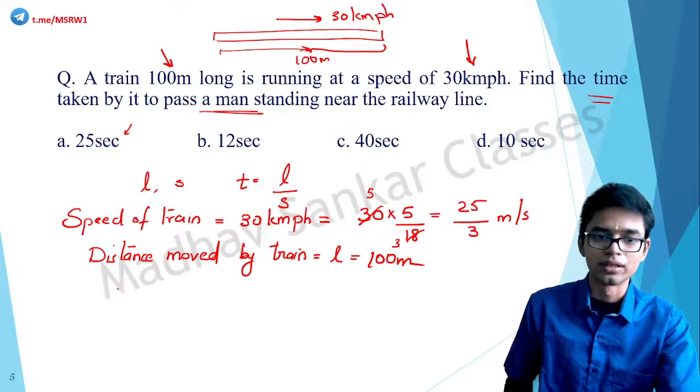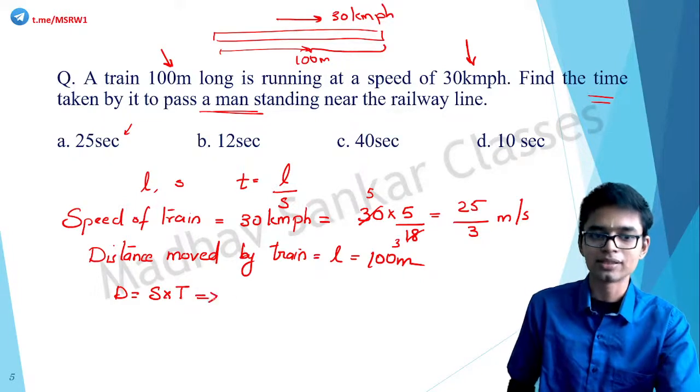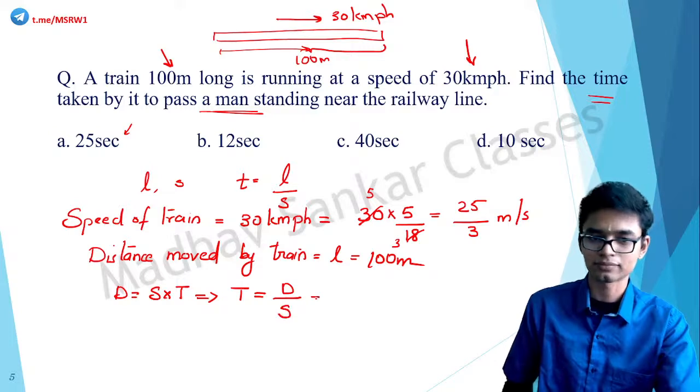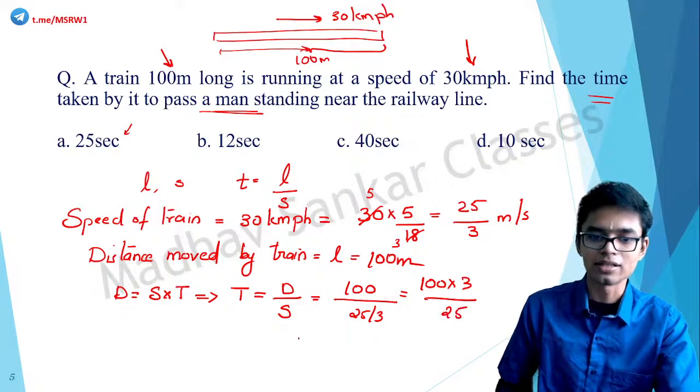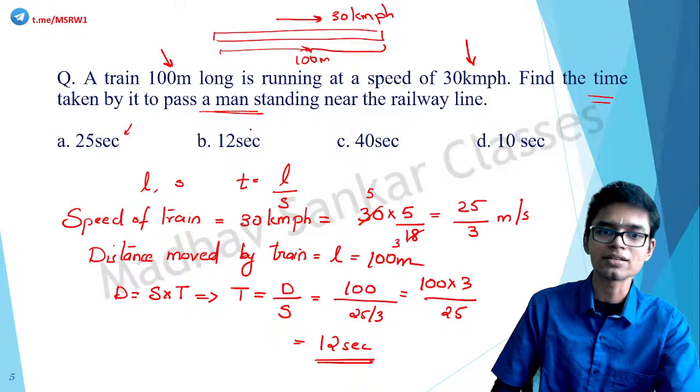So distance is equal to speed into time. Implies time is equal to distance by speed is equal to 100 divided by 25 by 3 is equal to 100 into 3 by 25 is equal to 12 seconds. Correct answer is option B.